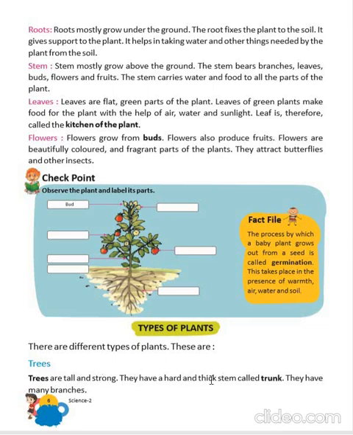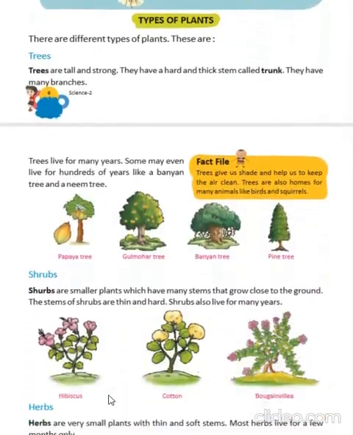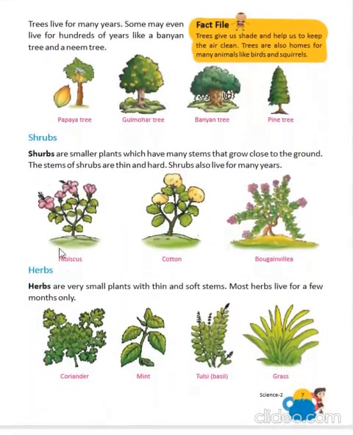They have a hard and thick stem called trunk. They have many branches. Do you know that trees live for many years? Some may even live for hundreds of years, like a banyan tree and a neem tree.